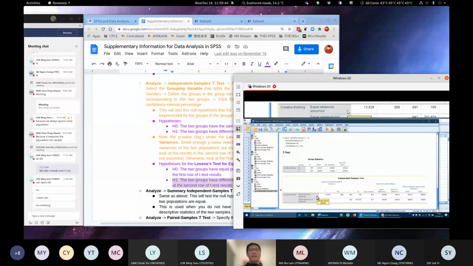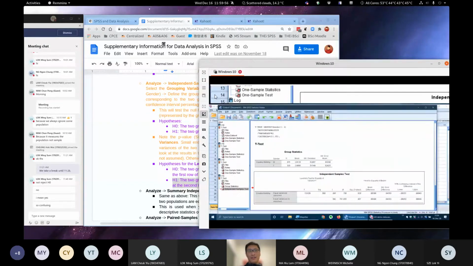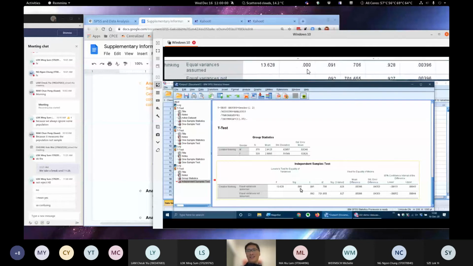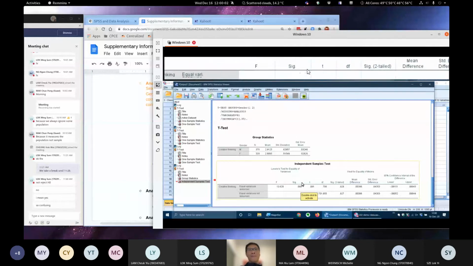So the first one, now we look at the Levene's test for equality of variance. The result is given in here. Maybe I need to make it a little bit larger again. Sorry about that. The screen is not large enough to show all this.